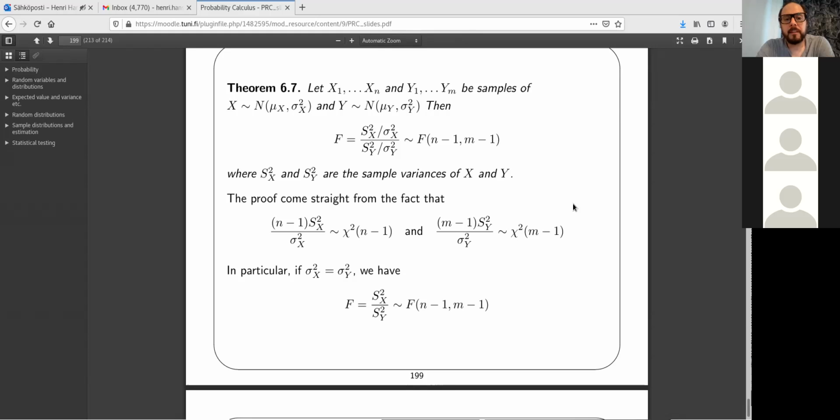And in the particular situation where these variances are the same, we actually can eliminate everything else here except the sample variances. So the F statistic is notoriously easy to calculate. You just calculate the quotient of the sample variances. When you calculate the quotient of one sample variance divided by another, just make sure that you have the n and m in the right places, then you have the F statistic.